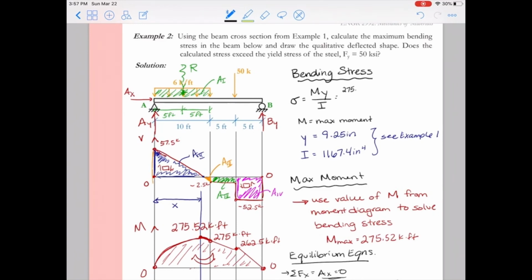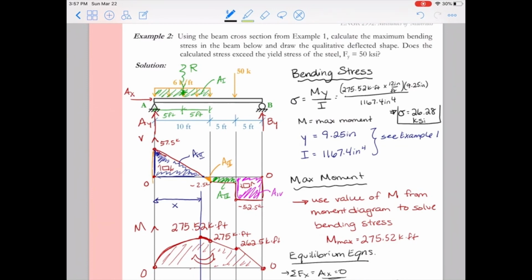Again, since I is in inches to the fourth and y is in inches, I need to convert this into inches, kip times inches. So just make sure we stay on top of our conversions. And then I plug in y and I plug in I on the bottom. And then we just do the calculations and we solve that the stress here is equal to 26.28 KSI, or kips per square inch.